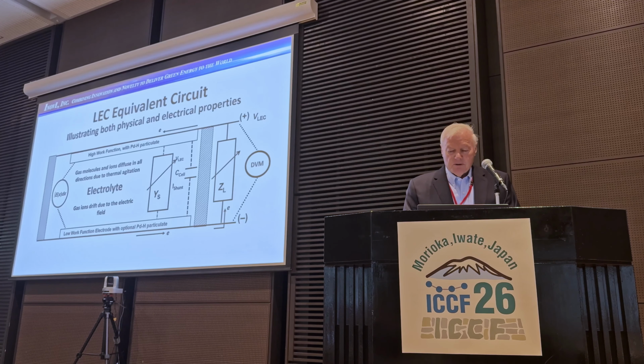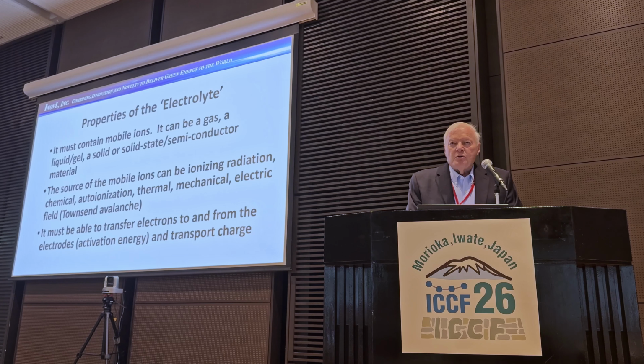Okay, properties of the electrolyte. This is one of the areas that we're focusing on now. It's got to contain mobile ions. It can be a gas, a gel, liquid, solid state, semiconductor, and we're just getting involved in some of the semiconductor efforts. The source of mobile ions can be ionizing radiation, chemical, autoionization, thermal, mechanical, electric field. We're nowhere near the electric field you need for Townsend avalanche, but that can be a source of ions. And it must be able to transfer electrons to and from the electrodes.